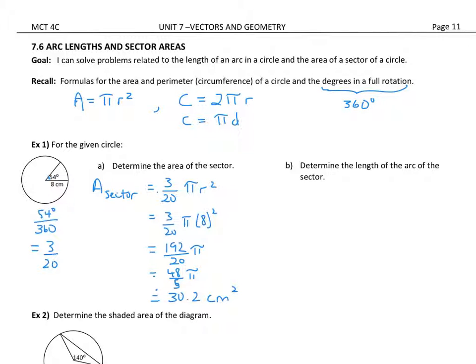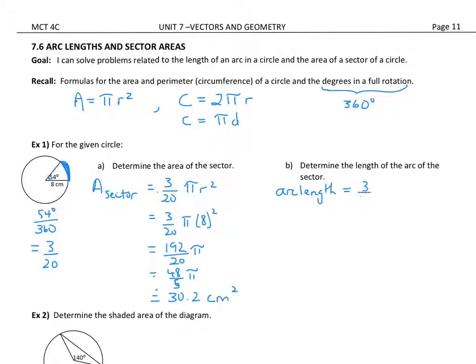All right, similar thoughts in terms of finding your arc length. The arc length is the length of the outside part of that sector, the rounded part there. It's part of the circumference. So again, I'm going to put arc length here. Arc length is equal to just the fraction of the whole circumference.